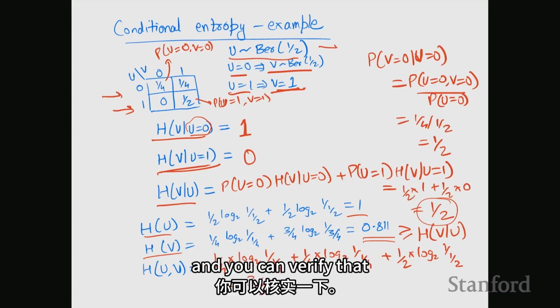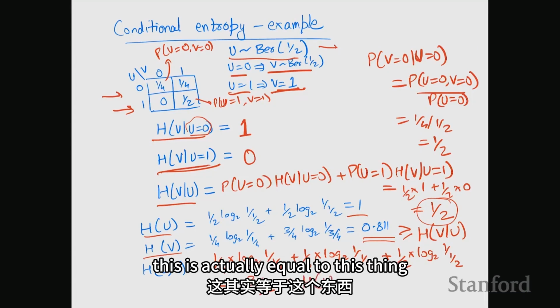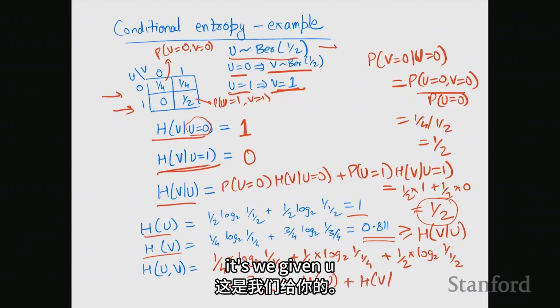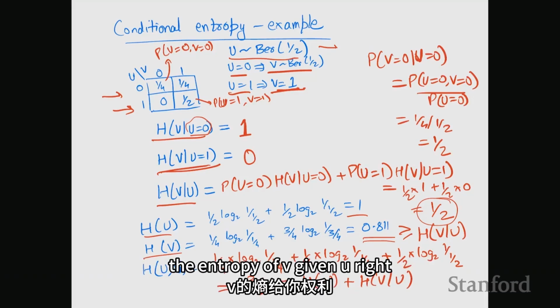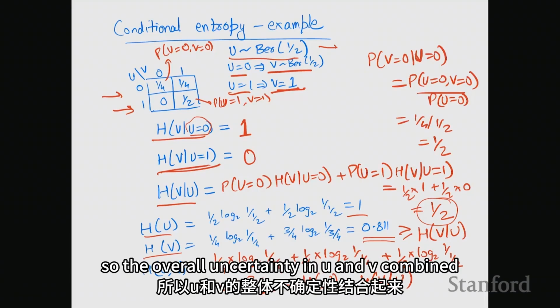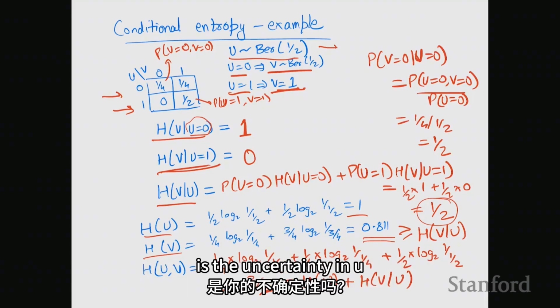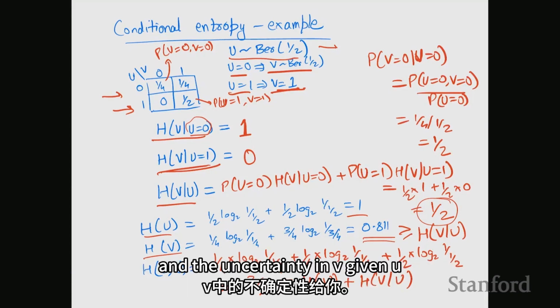And you can verify that this is actually equal to this thing, H(U) plus H(V given U). So this is the chain rule for entropies. So the joint entropy of U and V is actually equal to the entropy of U plus the entropy of V given U, right? So the overall uncertainty in U and V combined is the uncertainty in U and the uncertainty in V given U.